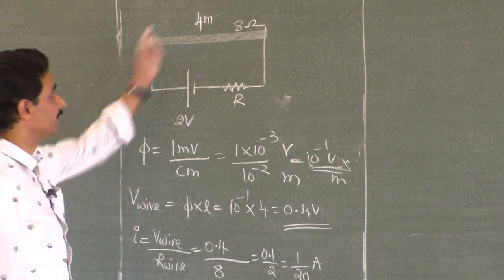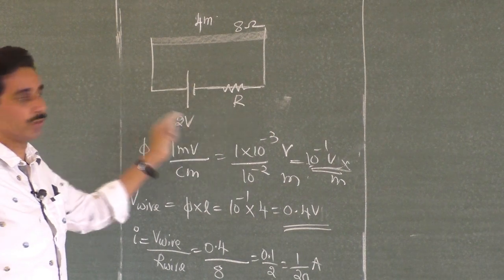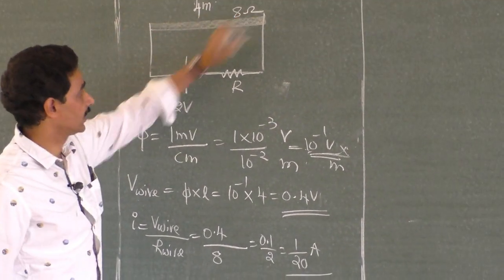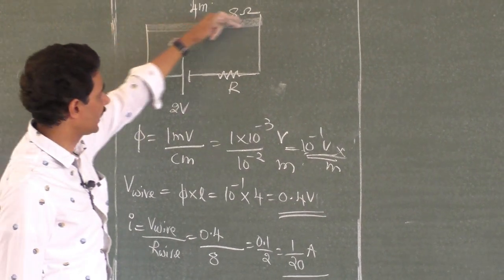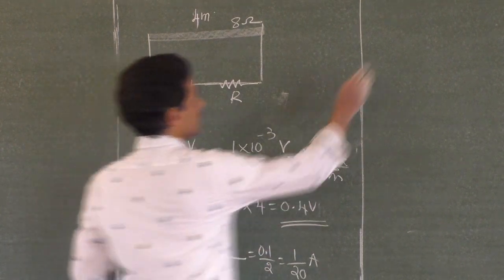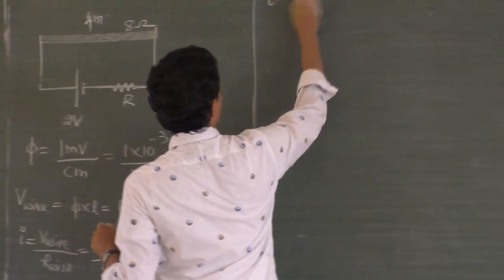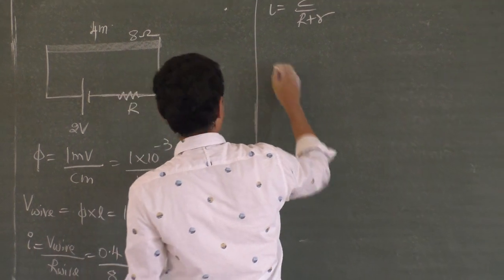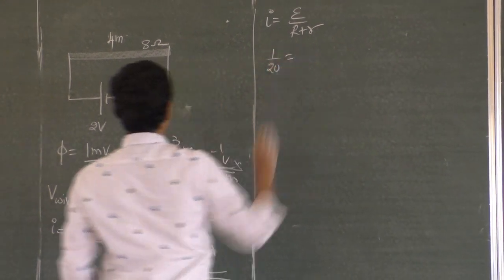Now this current itself is the circuit current. We have solved 2 or 3 problems in the same manner. Once you get the voltage across the wire, you can find the current through the wire. That should be the current in the circuit. So I apply I is equal to E by R plus R. I is 1 by 20 amperes.